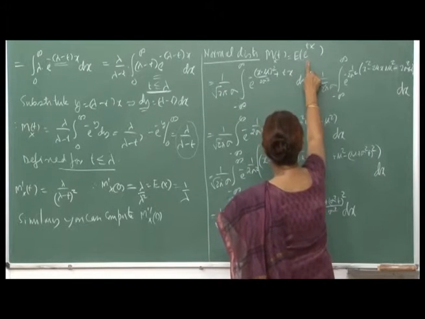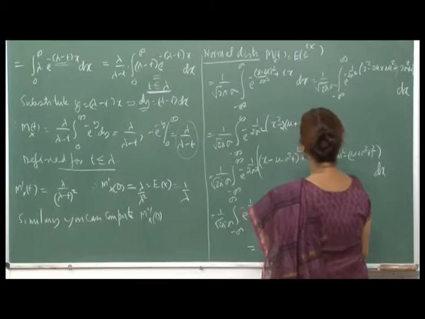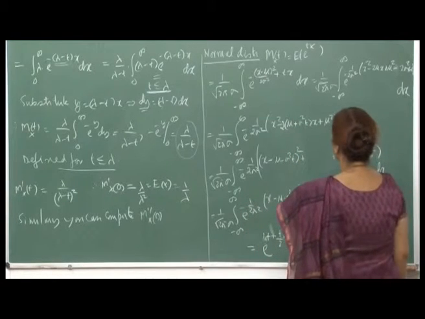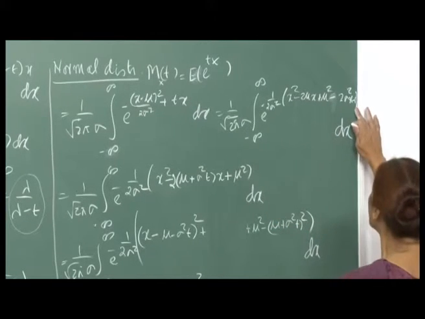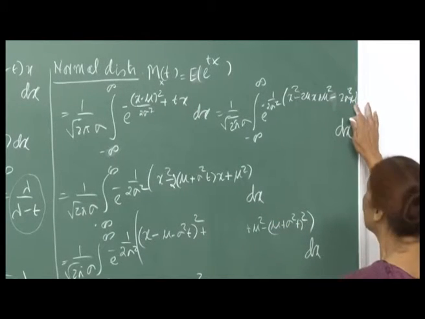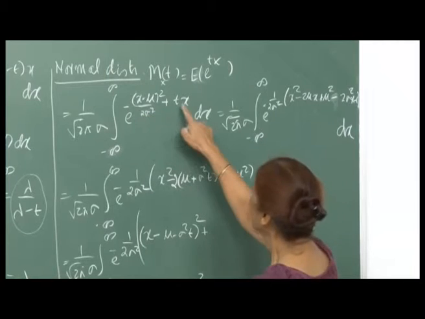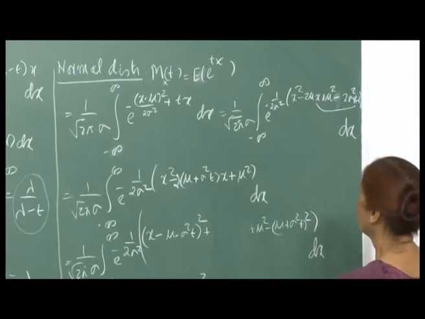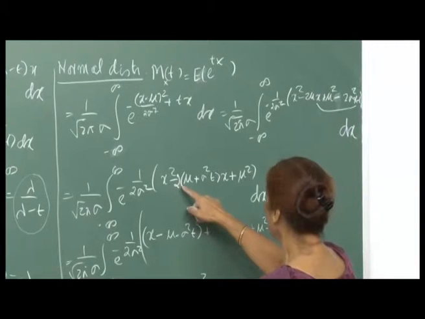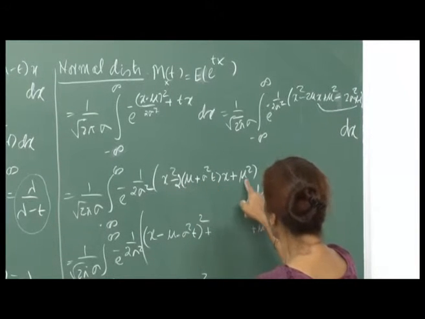You are computing the expectation of e raised to t x. Here I combine this in the square terms, so this becomes 2 sigma square x t. I collect the x terms, so the x terms are twice (mu plus sigma square t) plus sigma square.